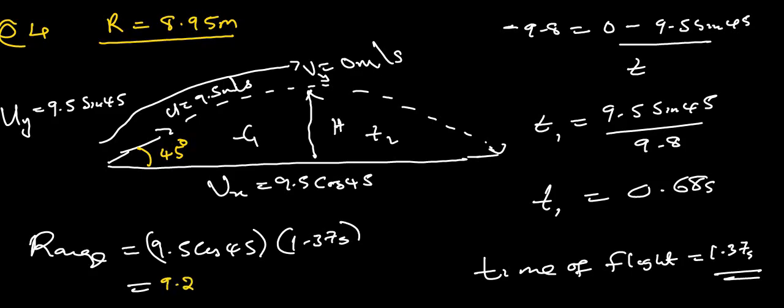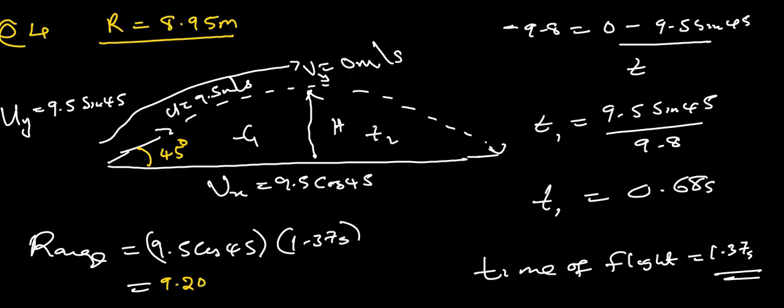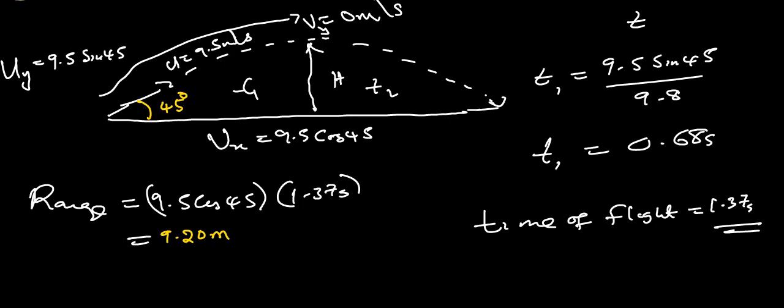Yeah, so I'm getting 9.2 here because it's supposed to be bigger than 8.95. This is what I'm getting. So just start punching 9.5, then cos 45, get your answer. That answer you get is multiplied by the time.